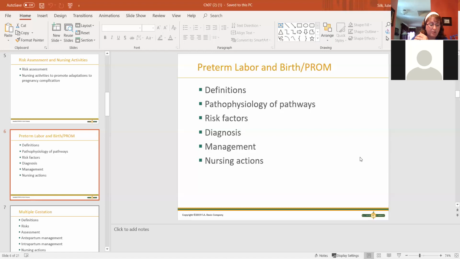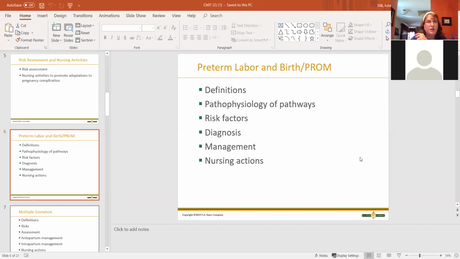This person could have pelvic or lower abdominal pressure, constant or low dull back pain, mild abdominal cramps with or without diarrhea, regular or frequent contractions or uterine tightening that's often painless, and then possible ruptured membranes. So those would be things that you might see if they're going into preterm labor.